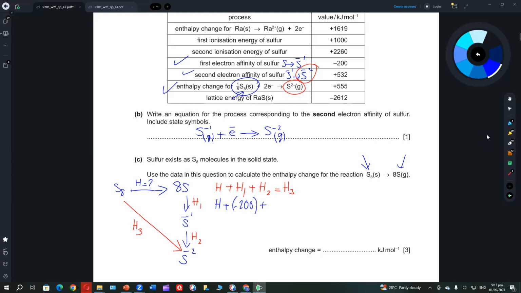Plus 532, equal to 555. I'm getting the answer to be 223.